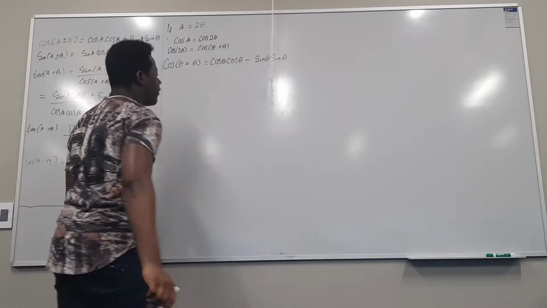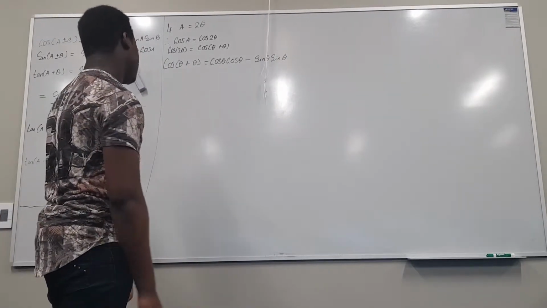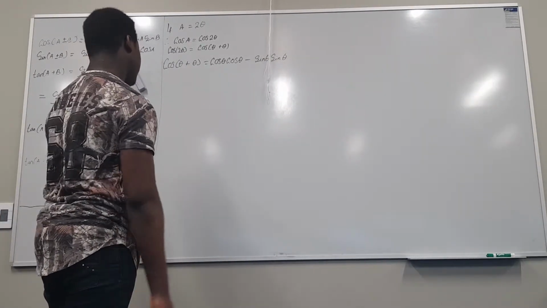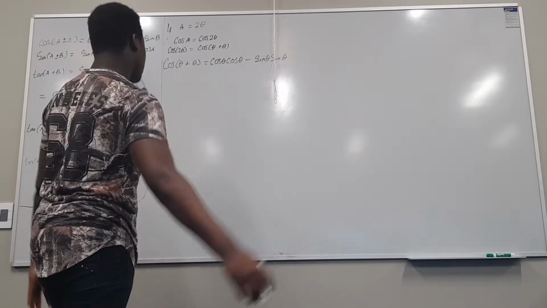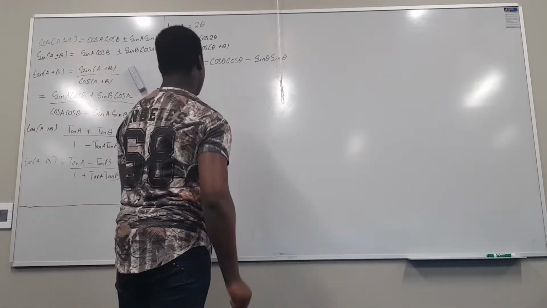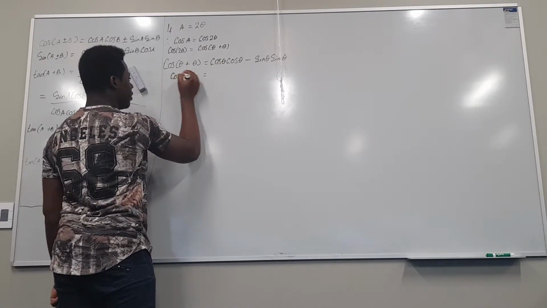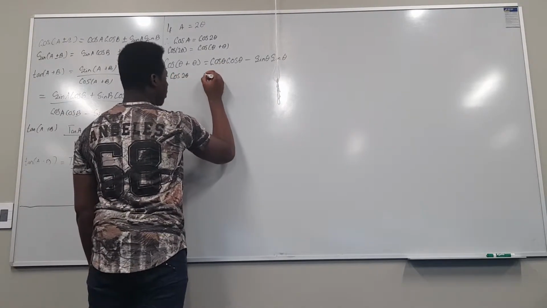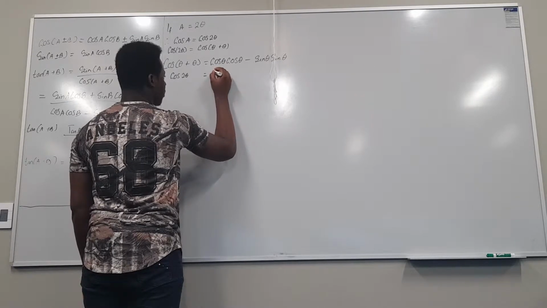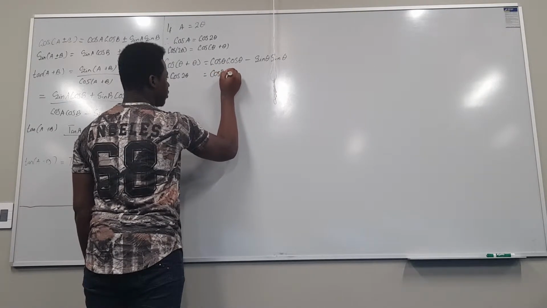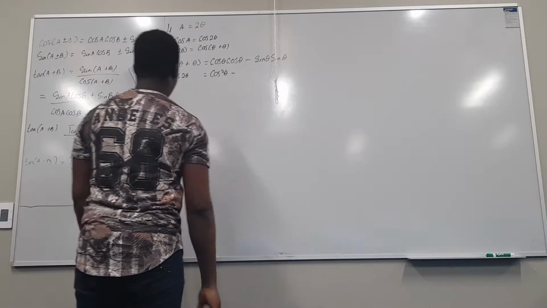Multiply that, so you have cos theta squared, but I don't like writing trigonometric functions like that, so I just write cosine squared theta minus sine squared theta equal to, hence cosine 2 theta is equal to cosine squared theta minus sine squared theta.